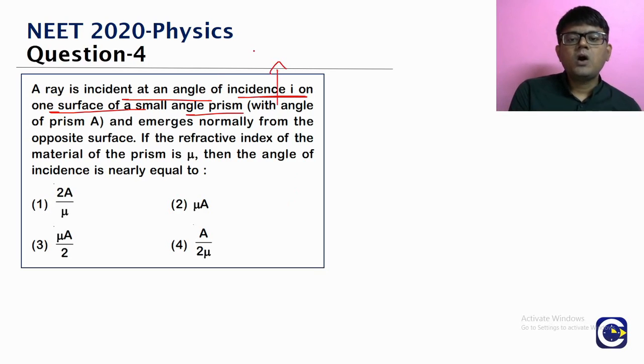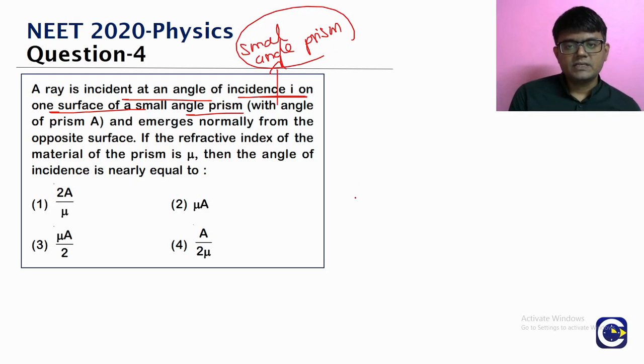See, small angle prism, we use this when we are deriving the minimum deviation condition, isn't it? Small angle prism means what? The angle of the prism, which is the angle that you measure here, will be small.